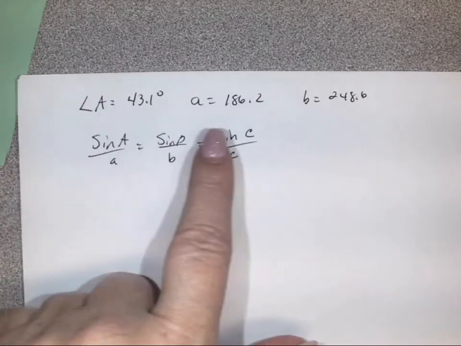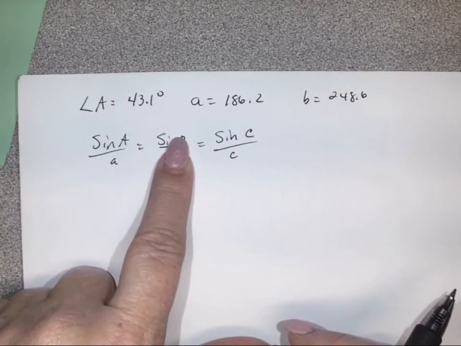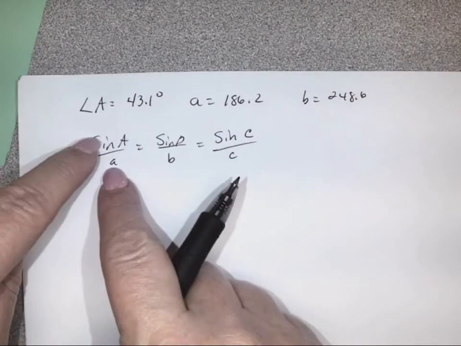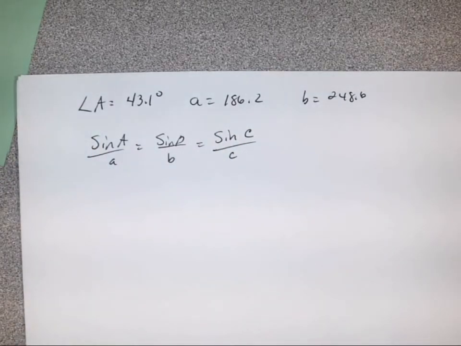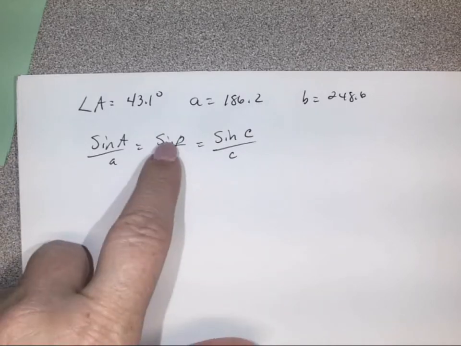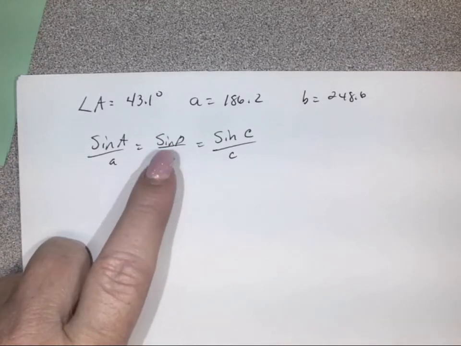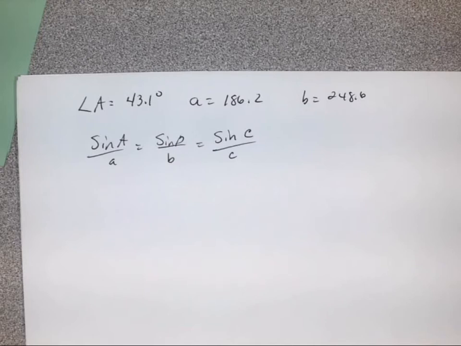So the only thing we can solve for is sine of B, because we have these 2 and we have little b. We again can't touch C because we don't know the angle or the side. We can't find the C angle until we know the angle of B. So that's the one we're going to have to go with.